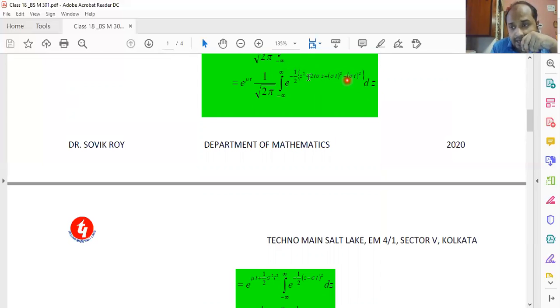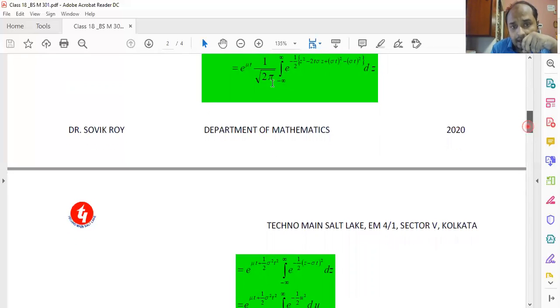So again, I can break this exponent into two parts: e to the power minus half of this into e to the power minus half of that. And from the second one, I am getting half sigma square t square, and that is being taken outside the integration sign. Therefore, we are going to get e to the power mu t plus half sigma square t square.